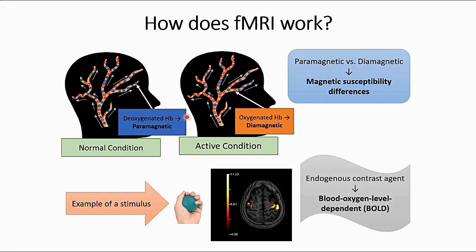This results in an endogenous contrast agent called blood oxygen level dependent, or BOLD, in fMRI. Blood oxygen level dependent contrast is the most commonly used contrast mechanism to map brain activity.